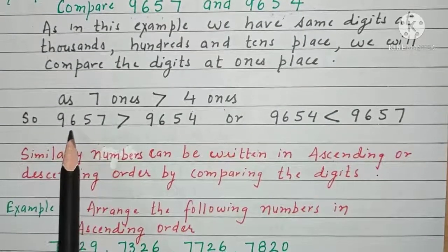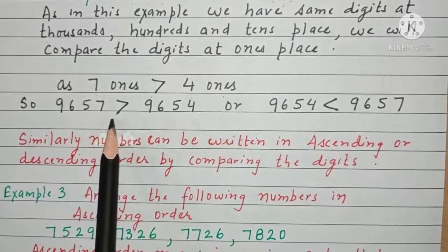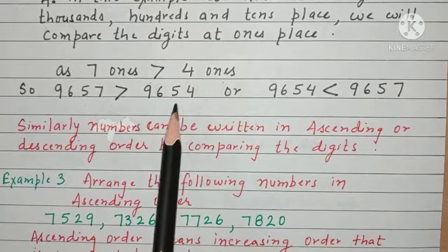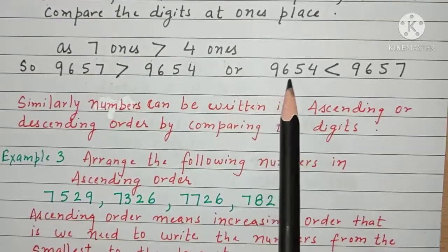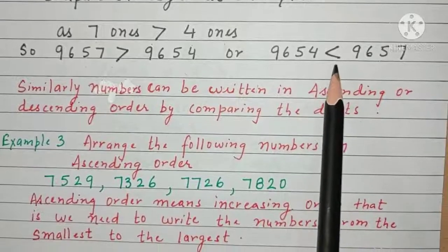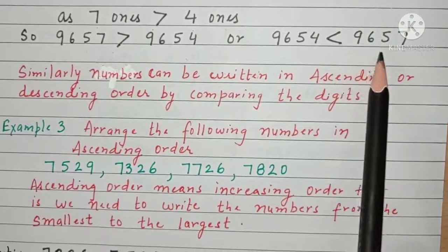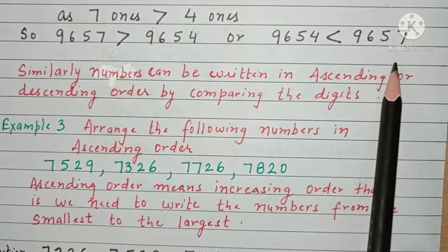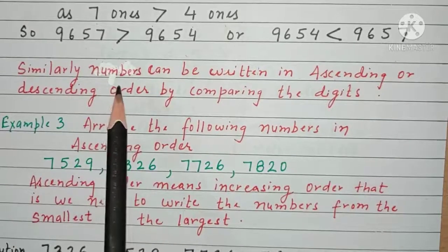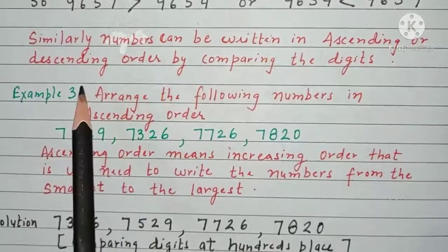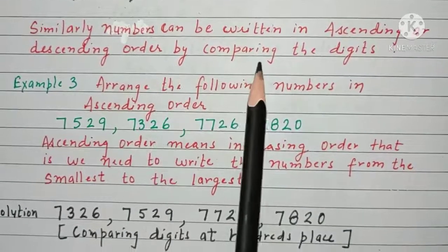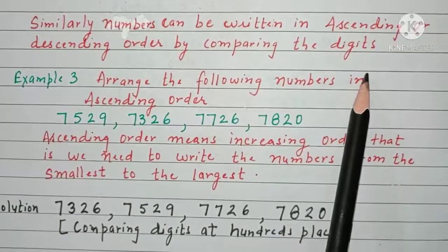So, 9657 is more than 9654. Or we can say that 9654 is less than 9657.